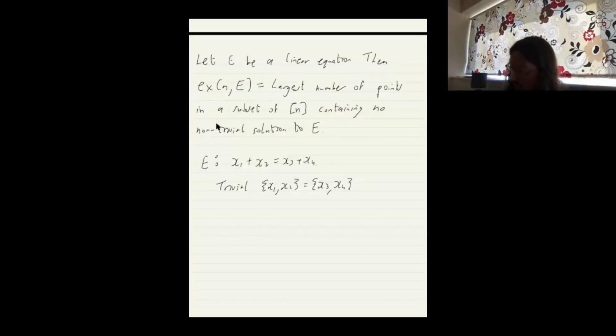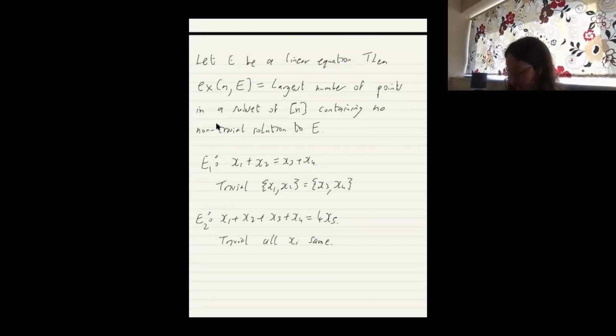Or, for example, E2 is the equation x1 plus x2 plus x3 plus x4 is equal to 4x5. All we want is essentially that all of the x's are different, so trivial is all xi the same. You can actually insist in what follows that all the variables are different, but the real trivial case is this.